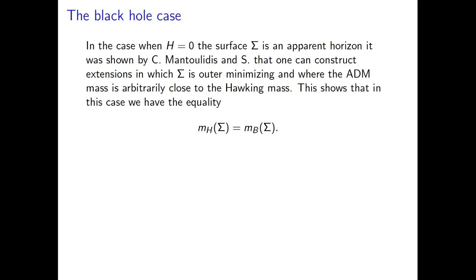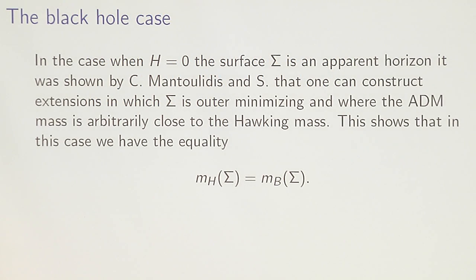And so, in the special case when H is 0 and the surface is called an apparent horizon, assuming it's outer minimizing, or a marginally outer trapped surface sometimes, we actually showed that for any possible H equals 0 data, any possible metric on S2, so the surface Sigma is always a 2-sphere in the black hole case, one can construct an extension which comes arbitrarily close to the Hawking mass.